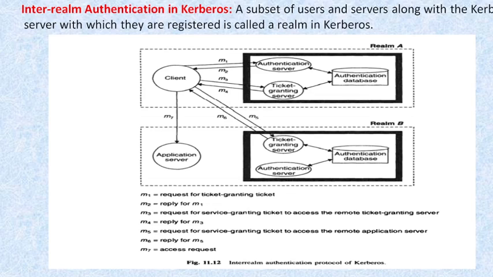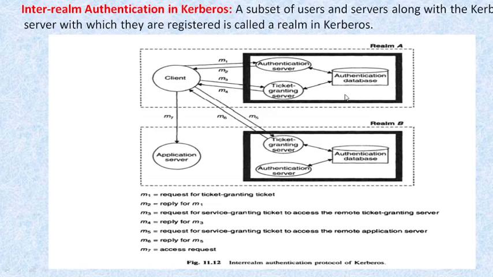So what happens is that a subset of users and other servers, along with the Kerberos server, will register in one ring. A ring is nothing but a group of networks. One network will be considered as one ring and another network as another ring. So you can think of it as a region.